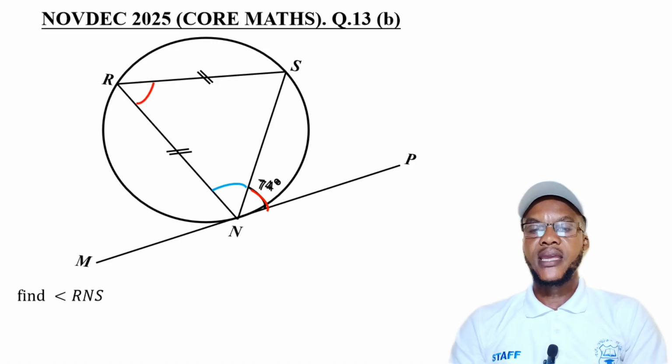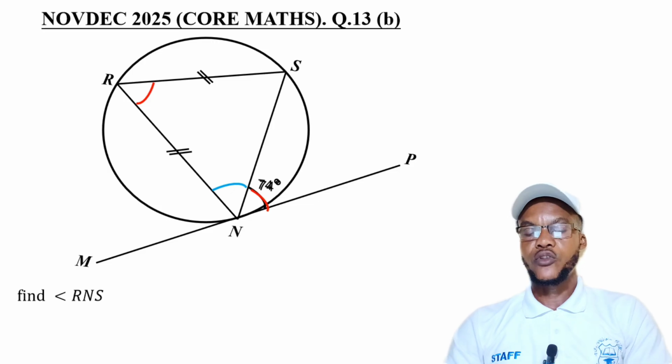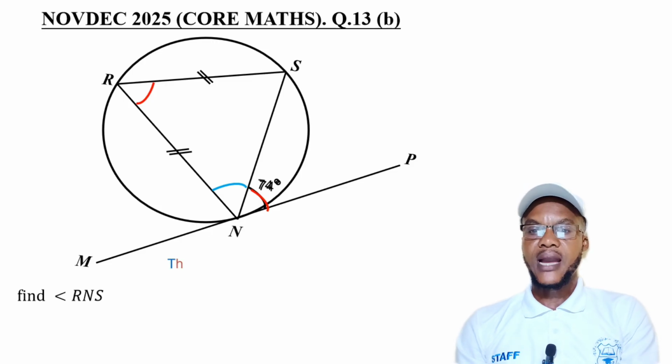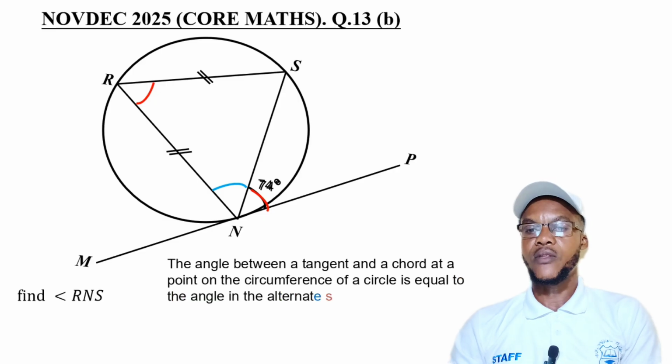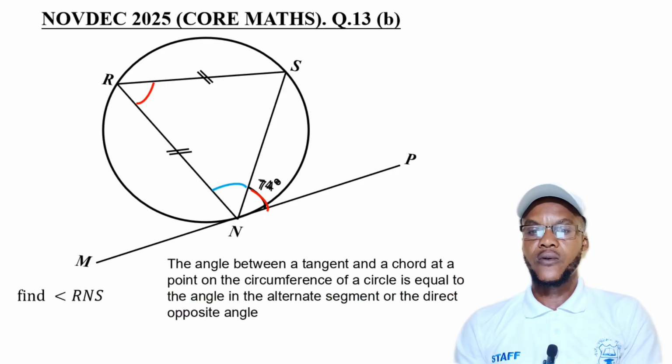Now remember the alternate segment theorem. What did we say about that? The angle between a tangent and a chord at a point on the circumference of a circle is equal to the angle in the alternate segment, or the directly opposite angle.